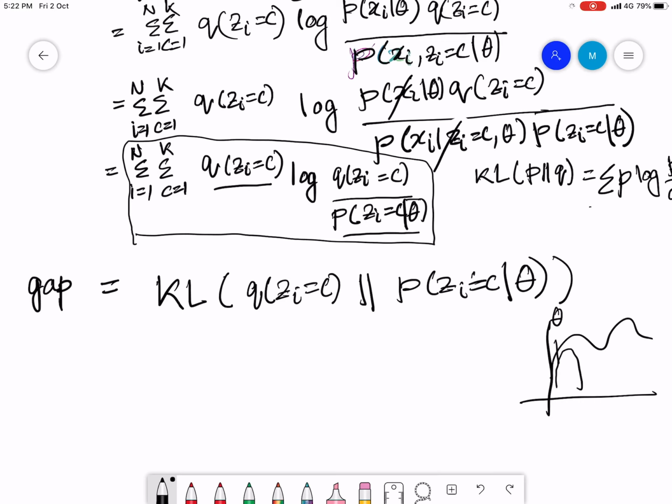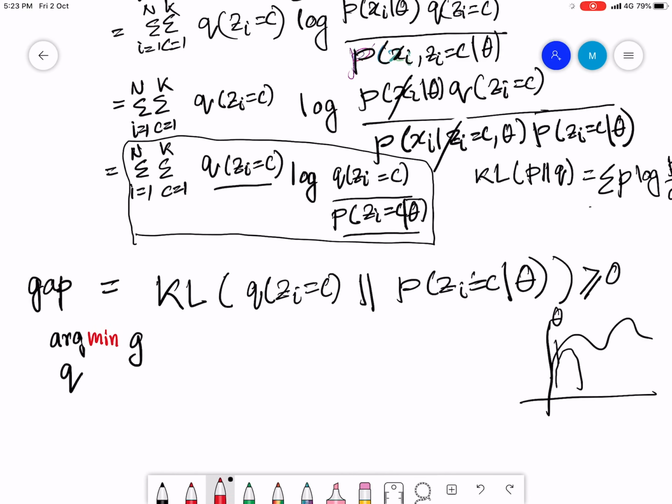So if you want to minimize this, the smallest value KL divergence can take is 0, since KL divergence is always greater than or equal to 0. Okay, so if we do argmax of the gap with respect to Q, sorry, argmin, it will not be argmax. You want to minimize the gap.